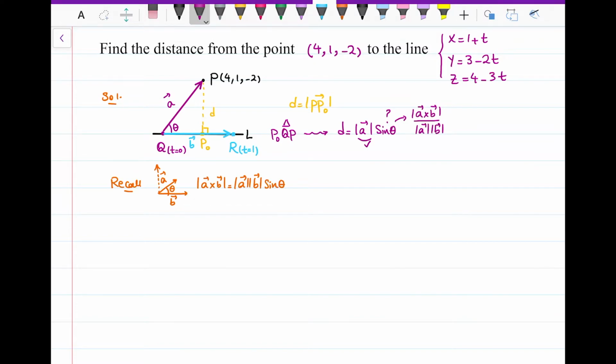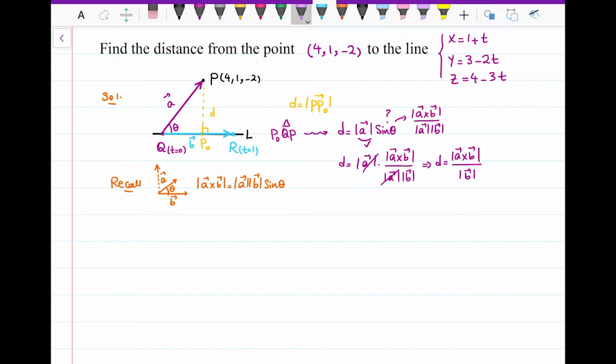Great. So in that case, d was the length of a times the length of the cross product, which is a number. Length of a, length of b. I can cancel out this. So I have a formula for d, which is the length of a cross b over the length of b.